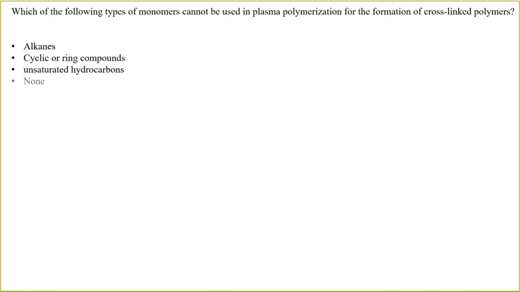That is the exact reason why alkanes, cyclic or ring compounds, and unsaturated hydrocarbons, which are mentioned right here, cannot withstand that kind of agitation, and they are not suitable for this kind of cross-linking process. So none of these are suitable for the plasma polymerization reaction.